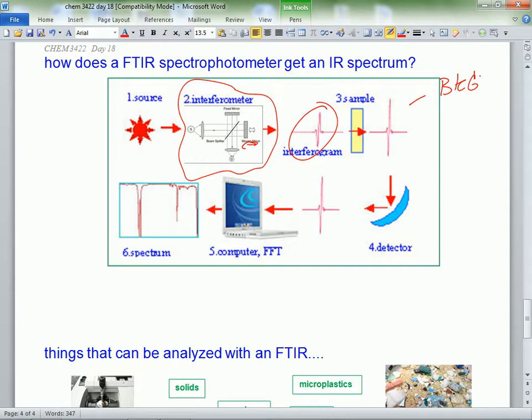The computer needs to do a fast Fourier transform to go from this intensity with distance to how that changes with respect to wave numbers and what's present. All wave numbers are here. You can call them frequencies or wavelengths.